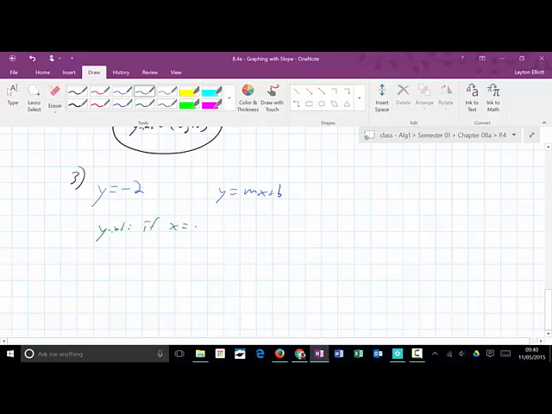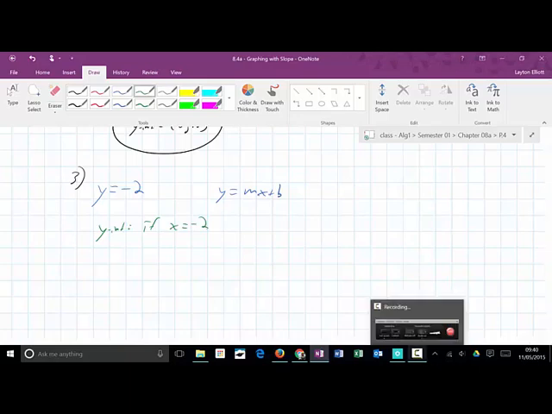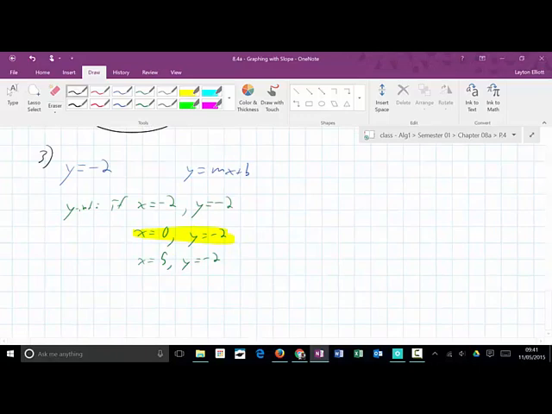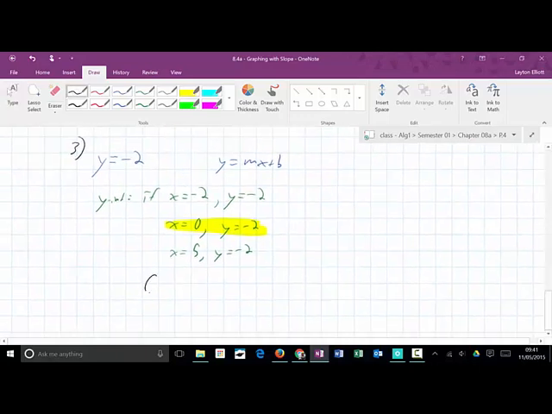If x equals negative 2, then y is definitely going to be negative 2. If x equals 0, y equals negative 2. If x equals 5, y equals negative 2. This right here is the y-intercept because x equals 0, y equals negative 2. But you should see that y is negative 2 no matter what. So I could say that the intercept is 0, negative 2.